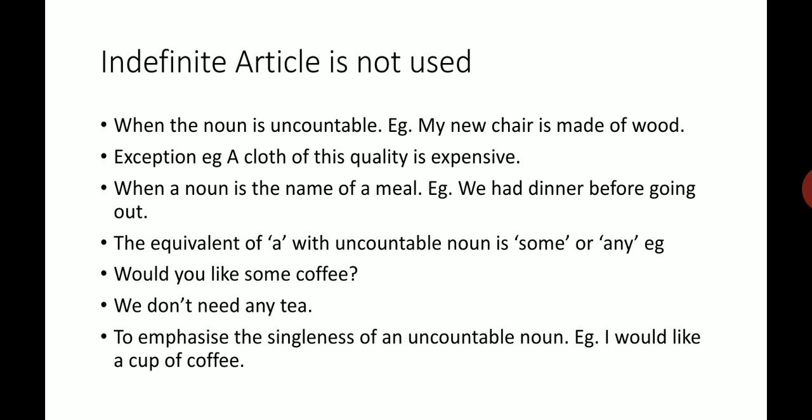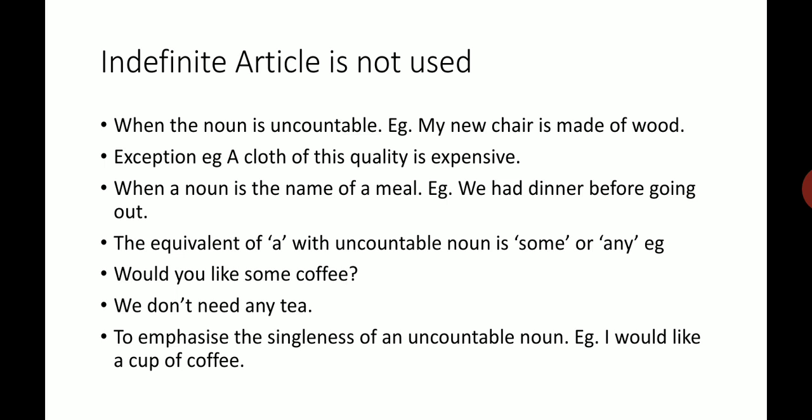When a noun is the name of a meal. For example, we had dinner before going out. If we use the name of a meal in the sense of a party, then the indefinite article is required.